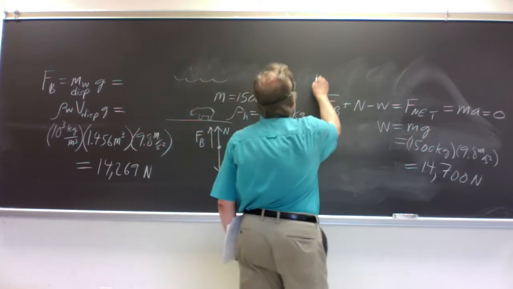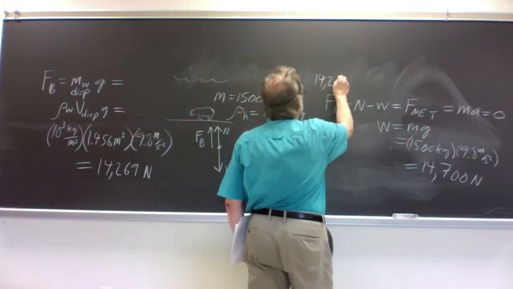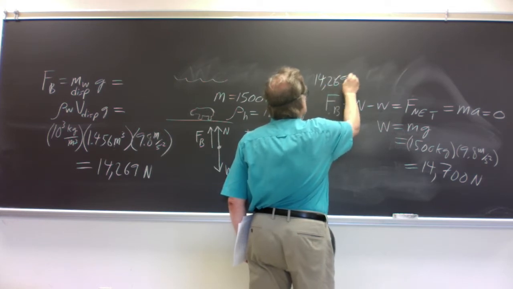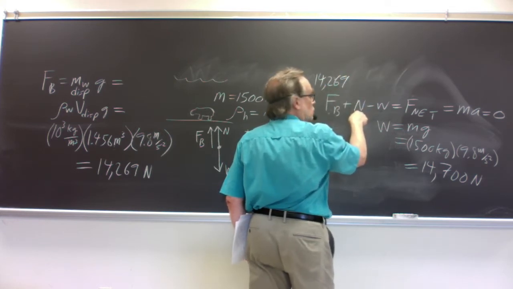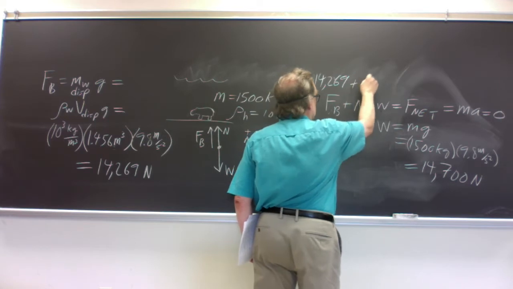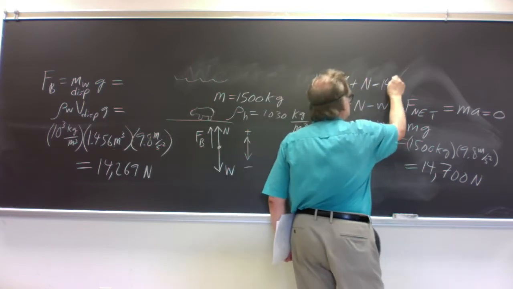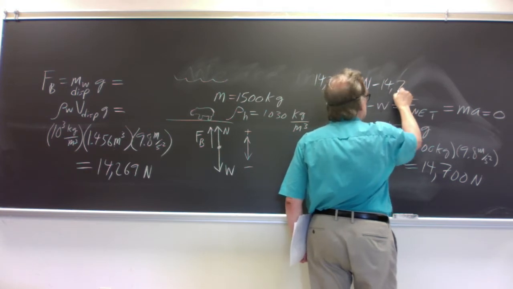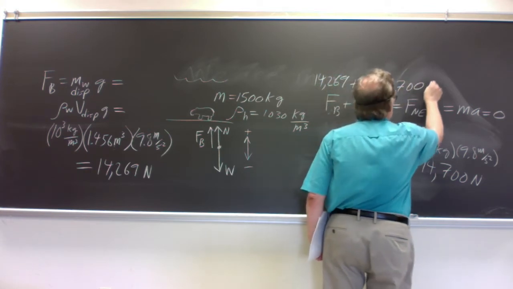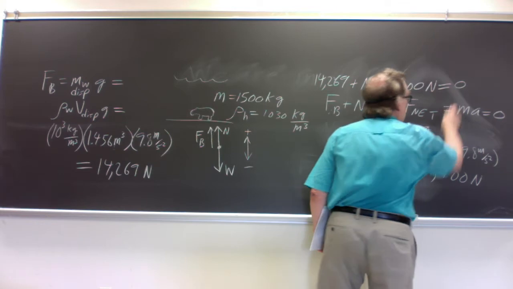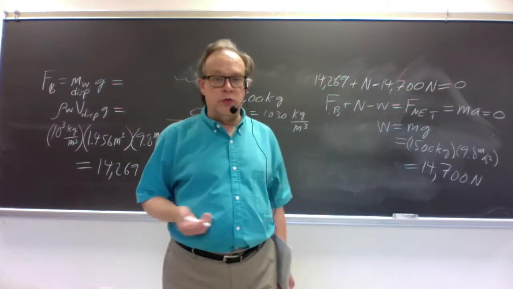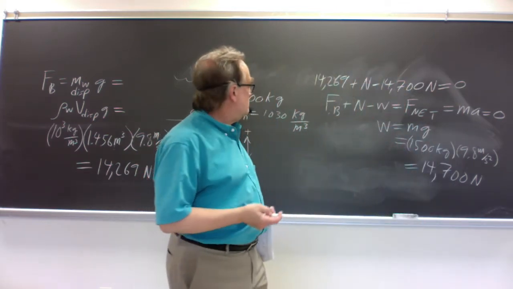14,269 N, we're trying to figure out the normal force, we don't know it yet, minus the weight, which is 14,700 newtons. That's the net force, which is the net vertical force, which is 0 in this case.